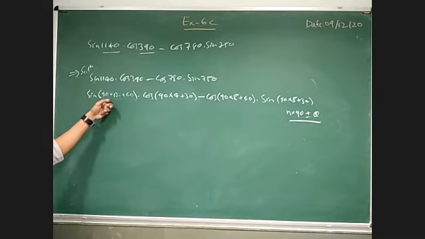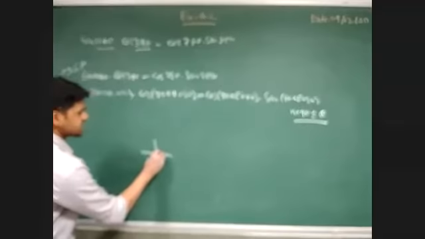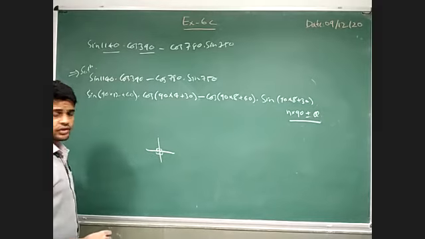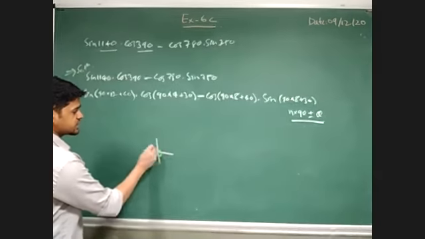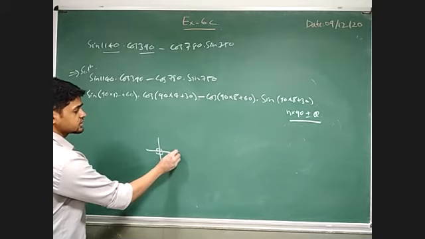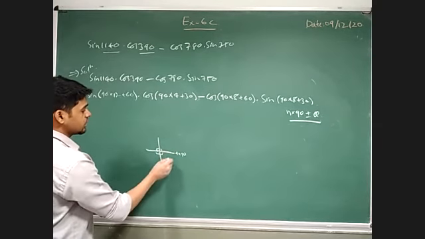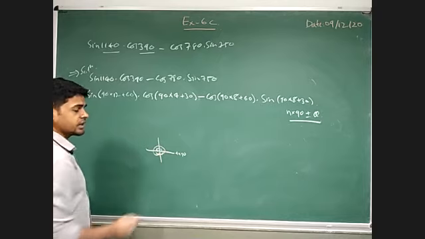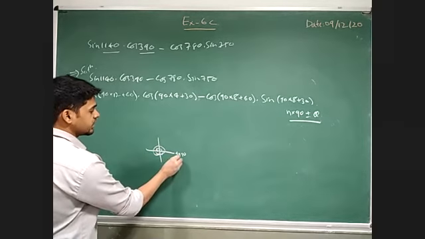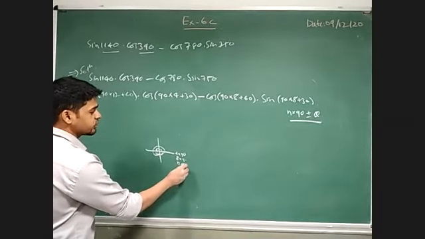Okay, just see here, 90 into 12, 90. So in which quadrant is it lying? See here, if this is 90, this is 290, this is 390, this is 490. Similarly here, it's coming 490. So after one rotation it is coming 490, after the second rotation 890, after the third rotation 1290.